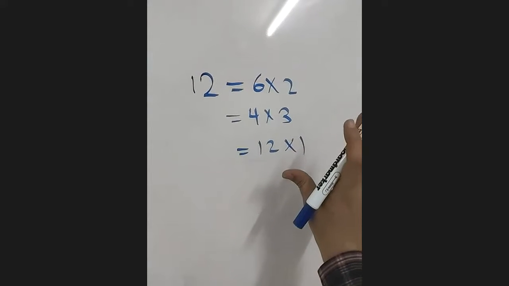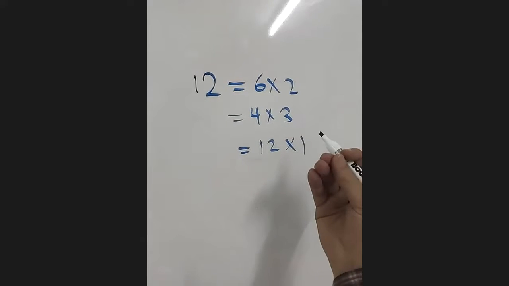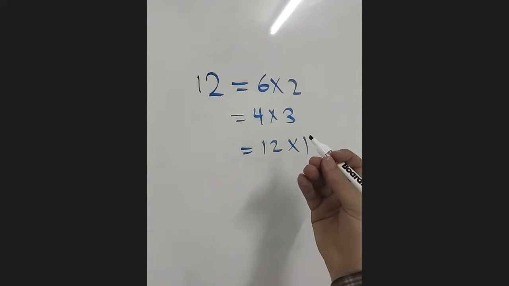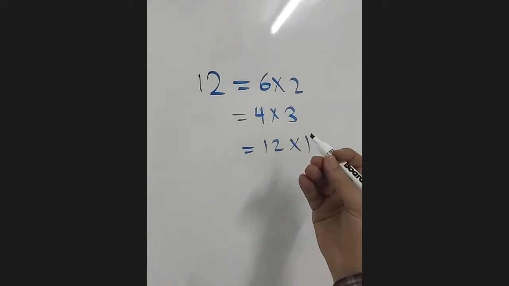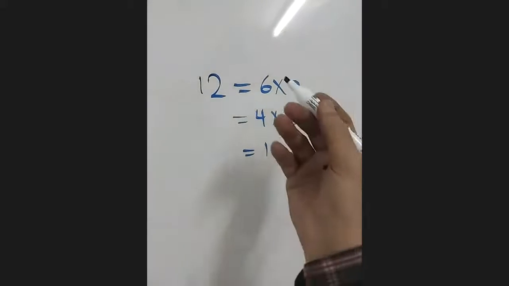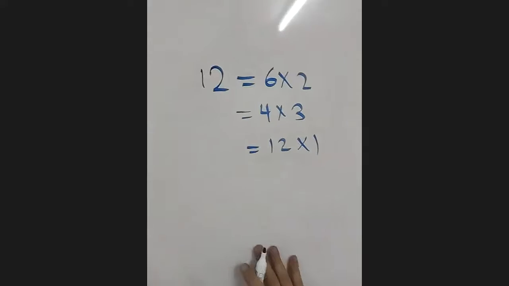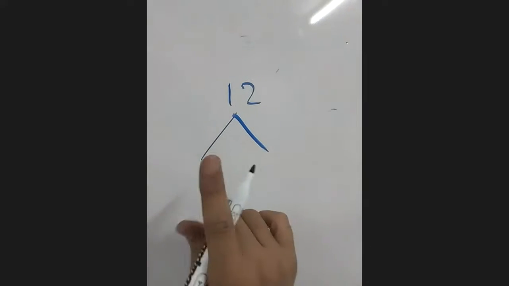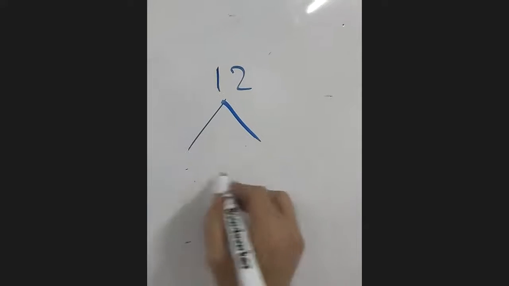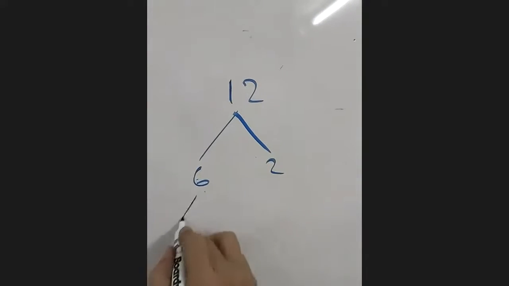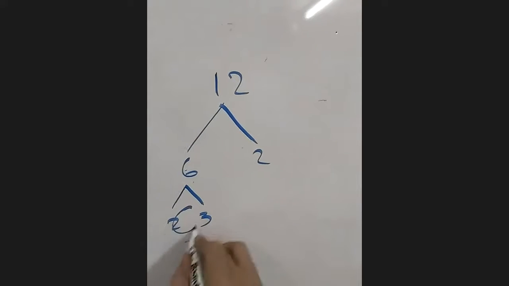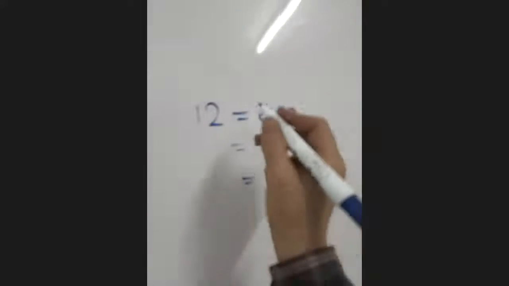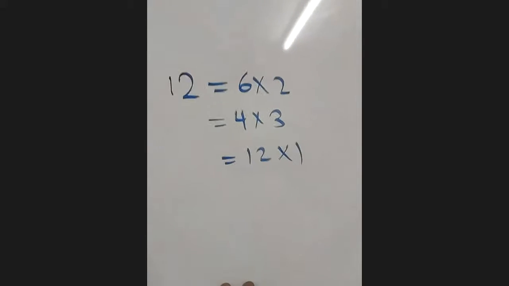In the prime factorization, we don't do 6 multiplied by 2 and 4 by 3. In prime factorization, we choose one way, either 4 times 3 or 6 times 2. Then we do the 6. Then we multiply these numbers. This is a prime factorization. Here I'm talking about factors, mister. So focus.